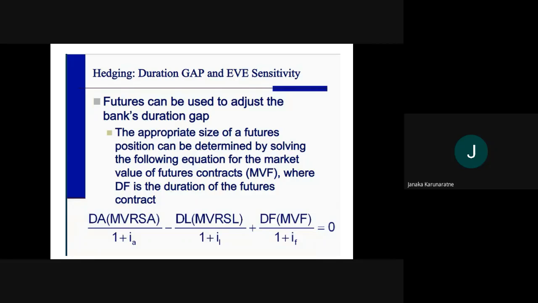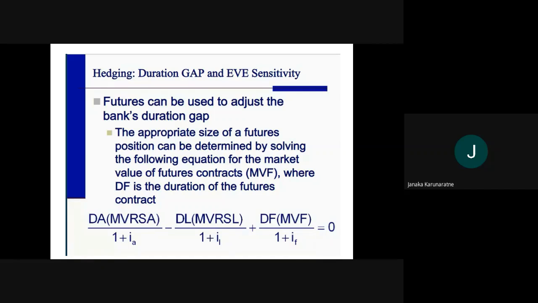So duration of assets times market value of rate sensitive assets divided by 1 plus interest rate on assets, minus duration of liabilities times market value of interest rate sensitive liabilities divided by 1 plus interest rate on liabilities, plus duration of financial futures multiplied by market value of futures divided by 1 plus interest rate of futures should be equal to 0.